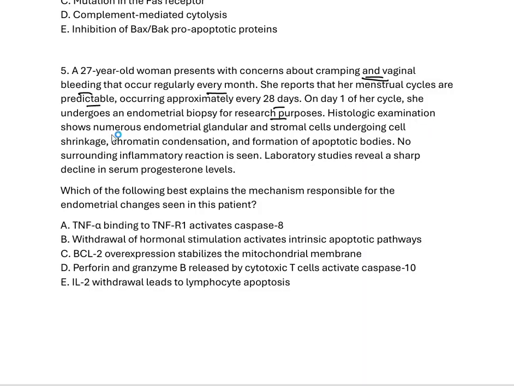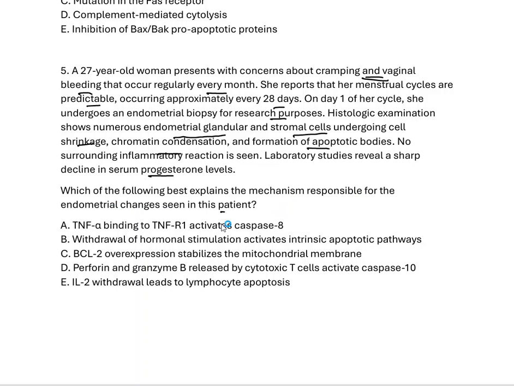Histologic examination shows numerous endometrial glandular and stromal cells undergoing cell shrinkage, chromatin condensation, and formation of apoptotic bodies. No surrounding inflammatory reaction is seen. Laboratory studies reveal a sharp decline in serum progesterone level. Which of the following best explains the mechanism responsible for these endometrial changes seen in this patient, right?